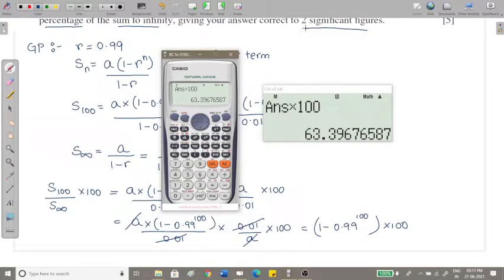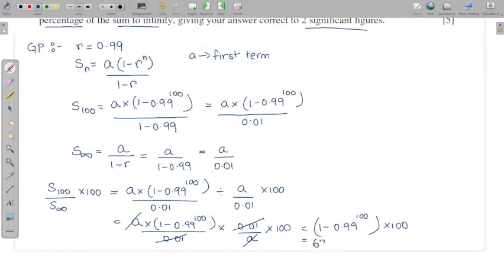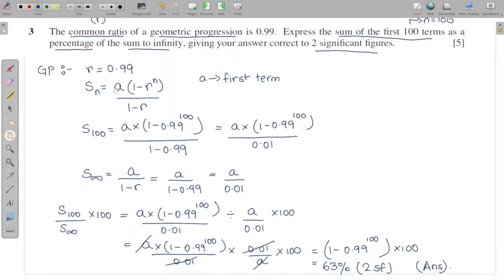But we have been asked to give our answer correct to 2SF, two significant figures. If we round off this answer to 2SF, it will come to 63%. So our final answer will be 63% correct to two significant figures. And this is our final answer for question number 3.